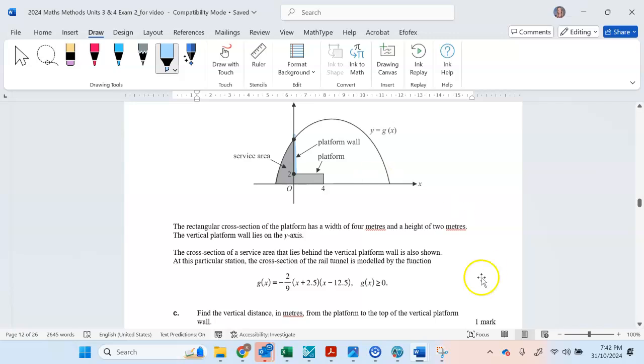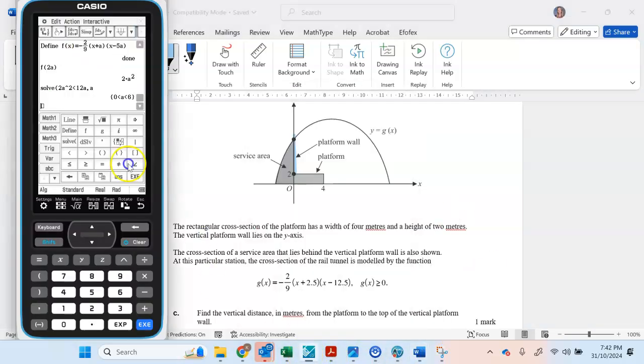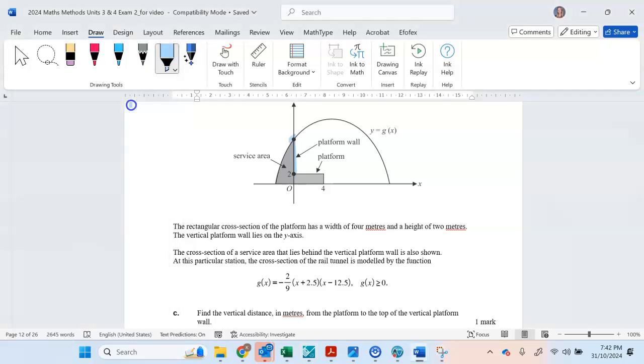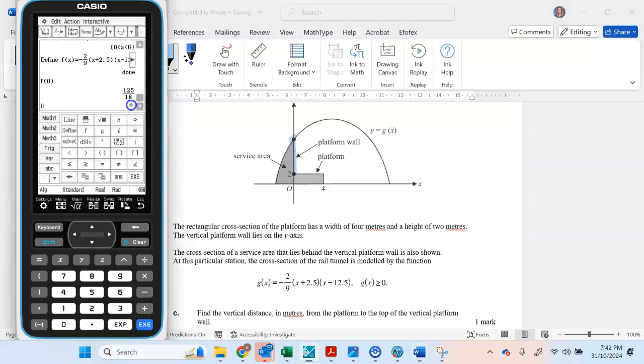On my calculator we defined it with a, so let's drag that down, put in 2.5, and change this to 12.5. If we want the y-intercept, remember x is equal to 0, so we put that in. That's this point here. So we take away 2 from that.